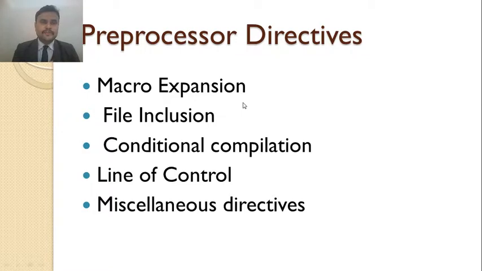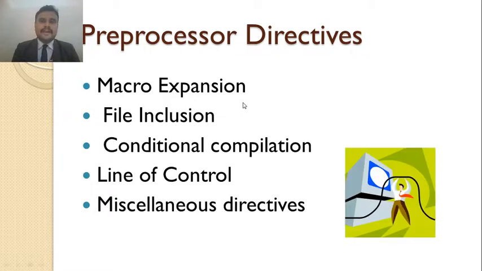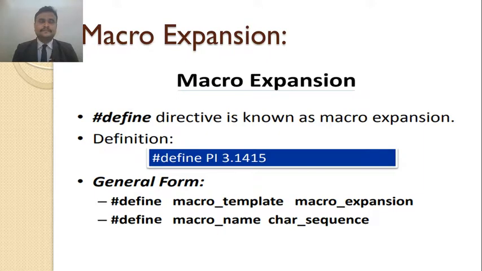So the first preprocessor directive is macro expansion. As the name implies, macro and expansion. When we write macro expansion as one of the preprocessor directive commands, we are going to use #define. The #define directive is known as macro expansion, and while writing it, we definitely use #define PI 3.1415.